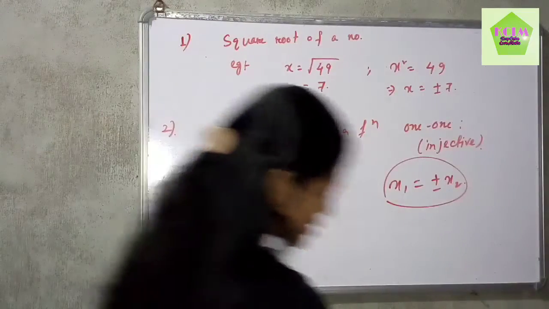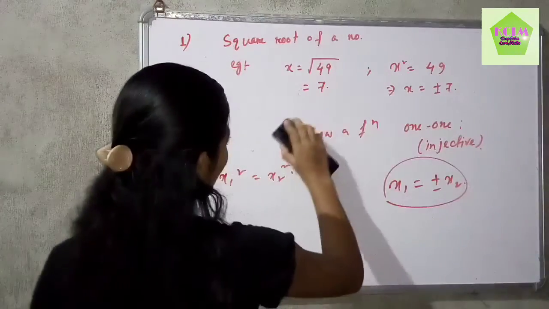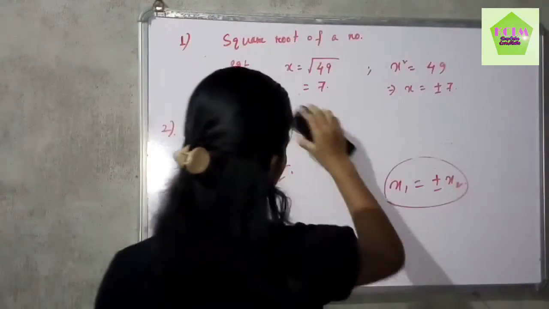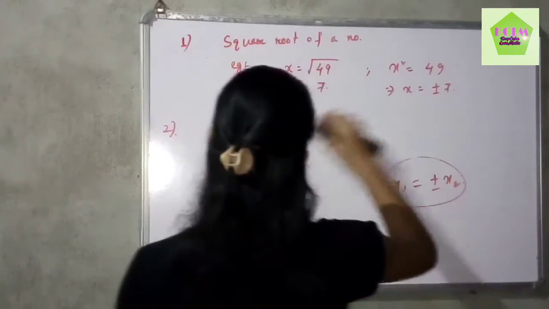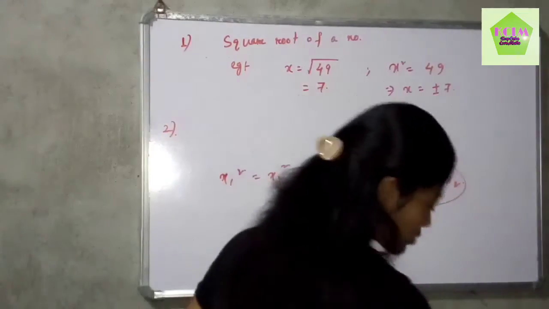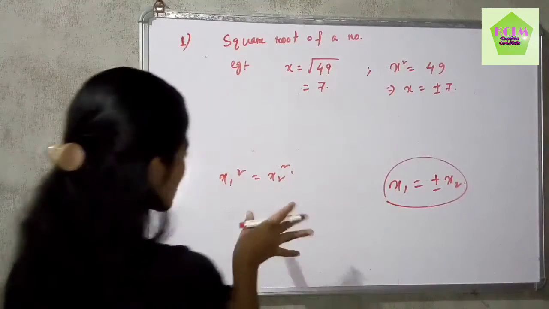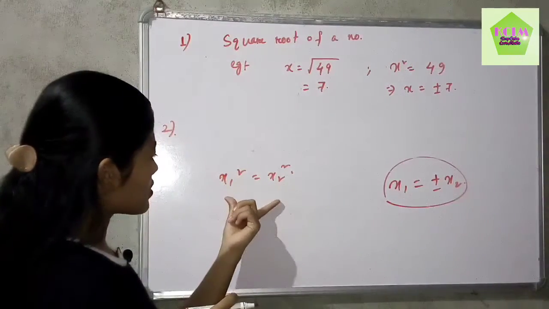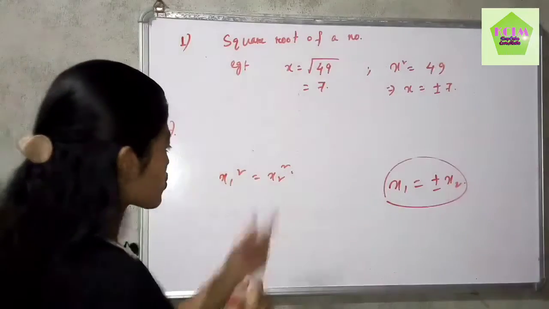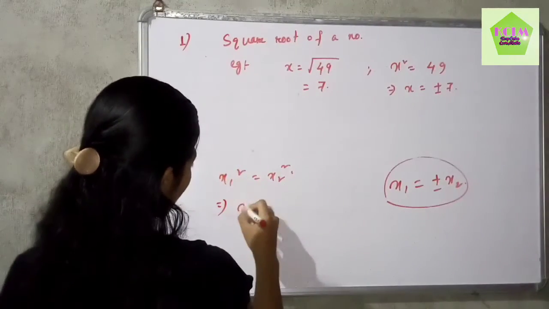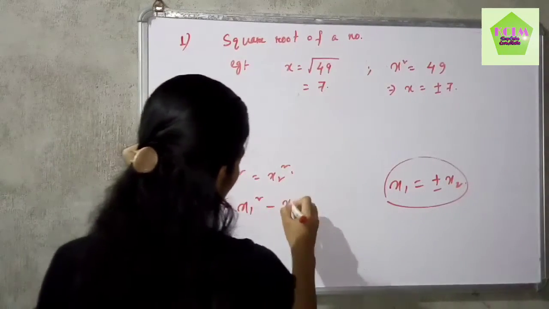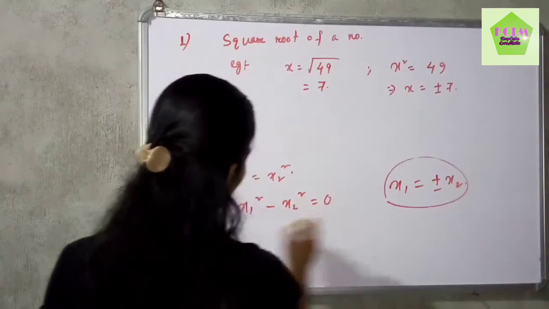Let us take the part about 1-1 or injectivity of a function aside, because I am talking about maths hacks or tricks. Whenever we have x1 square equal x2 square, then it means x1 square minus x2 square equals 0.